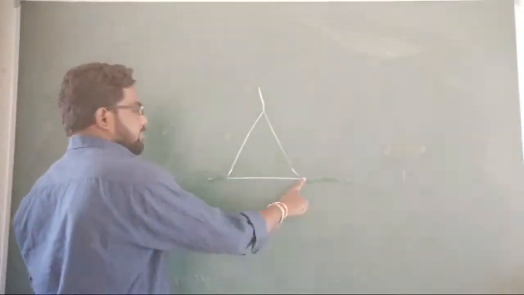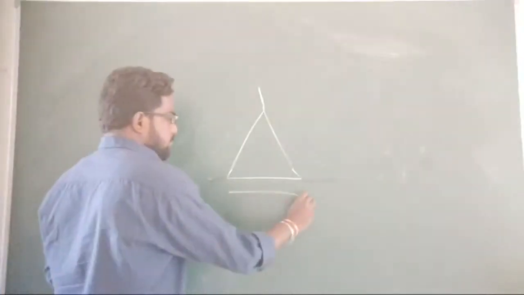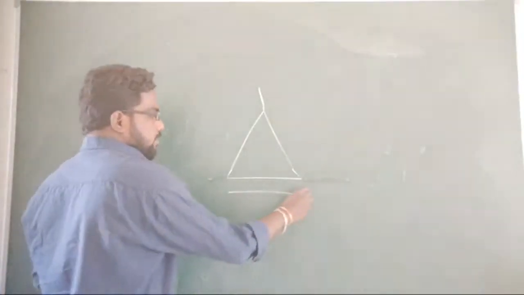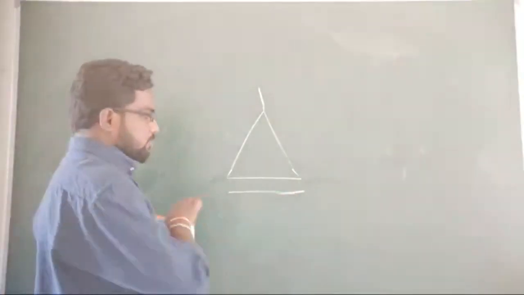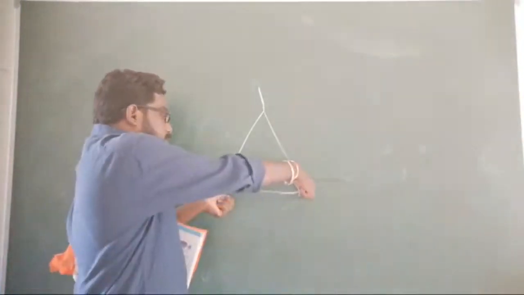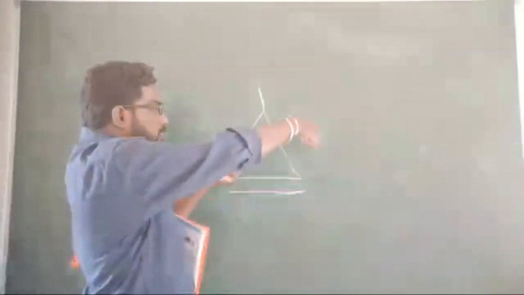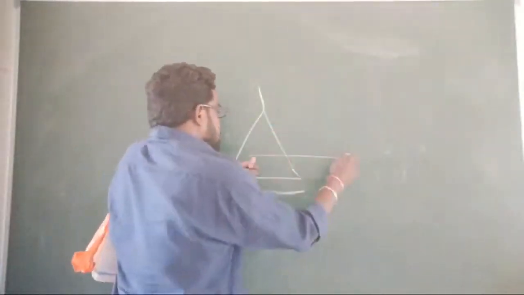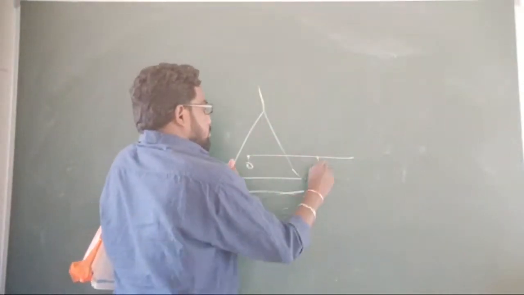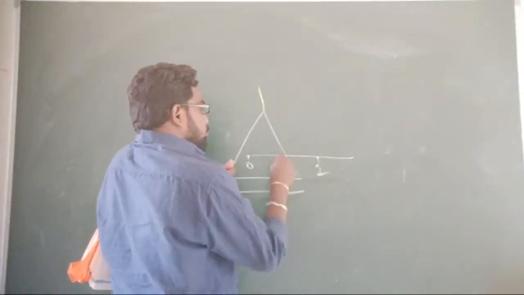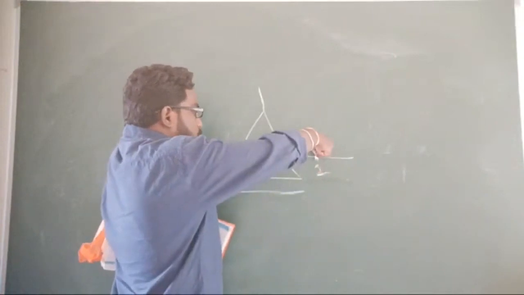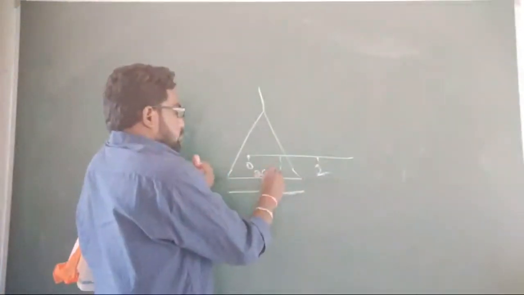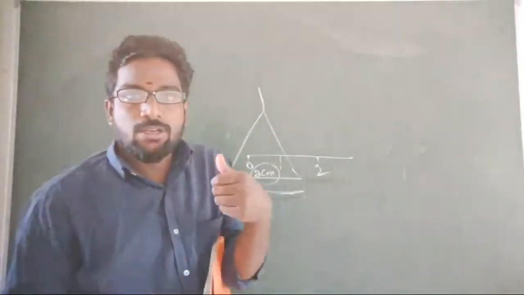If you have a line segment like this and you want to measure it, you keep both ends of the divider on the line segment. Then take it and keep it on the ruler like this. 0, 1, 2. Just keep it on the ruler and measure. 2 centimeters. Just for that purpose only, we will use the divider.